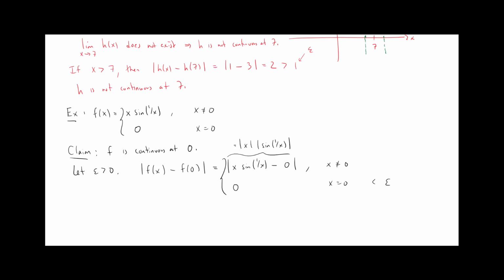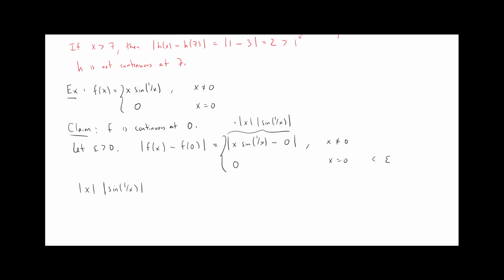All right, let's examine that function a bit. What do we know about the sine function? We know that the sine function always lies between -1 and 1. And so if I take the absolute value of the sine function, then this is always going to lie between 0 and 1.